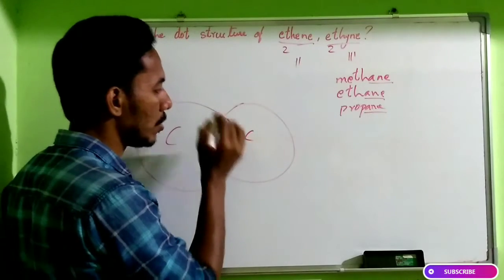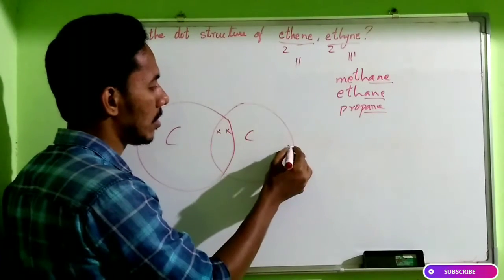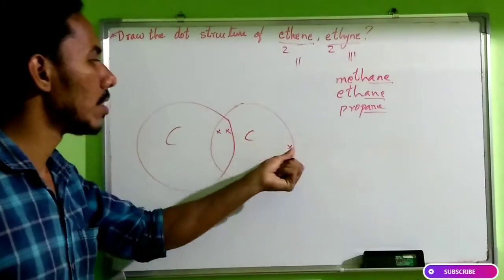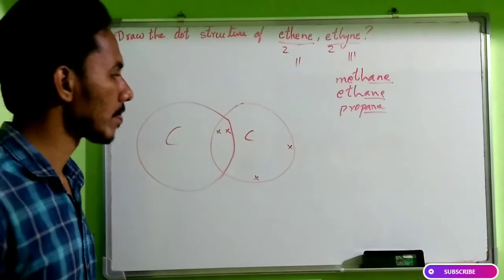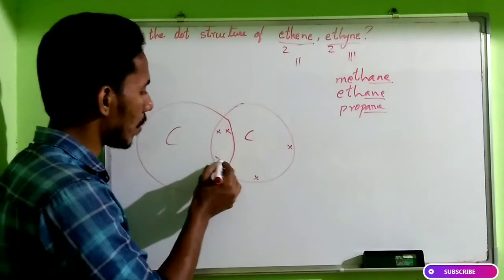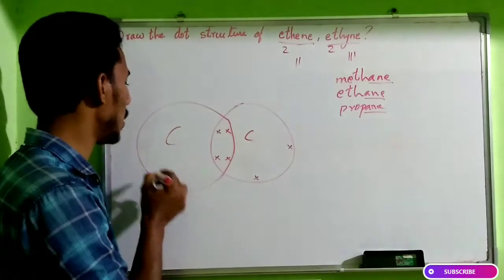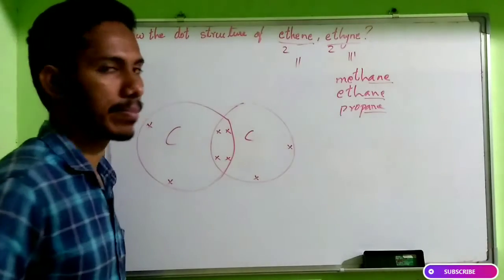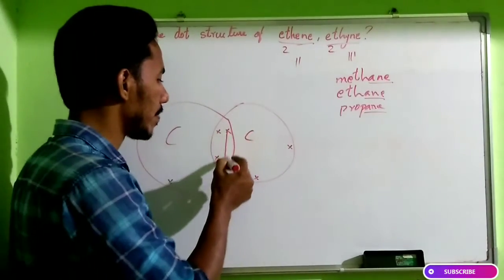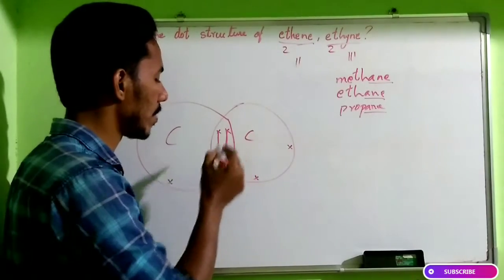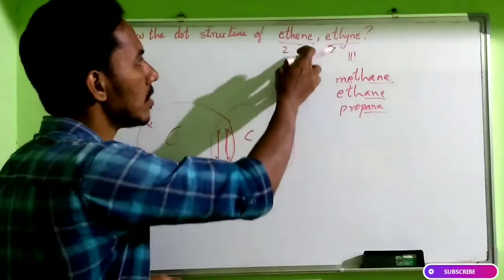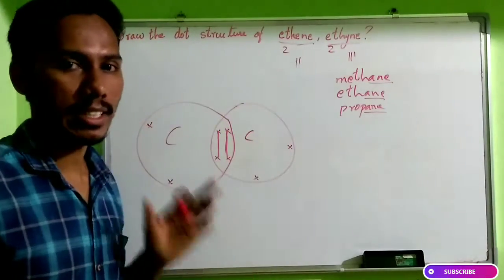So 1, 2, 3, 4. 1, 2, 3, 4. Okay. Then this carbon atom, 1, 2, 3, 4. So it is a double bond. That is what this ENE indicates.